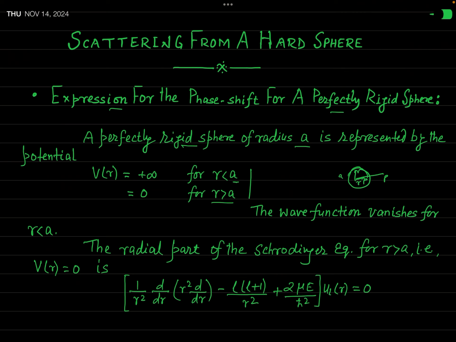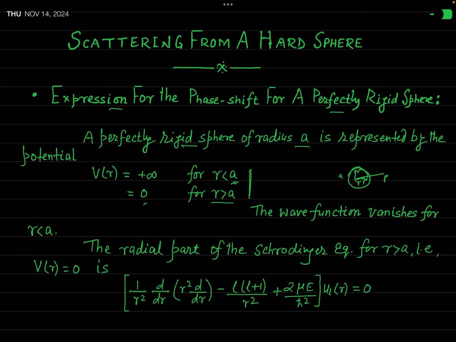So this is actually the quantum mechanical description of this rigid sphere. You can say that this is a spherically symmetric potential, and this potential is defined like this. V of r is infinity when r is less than a, and it is 0 when r is greater than a, where a is the radius of this sphere.